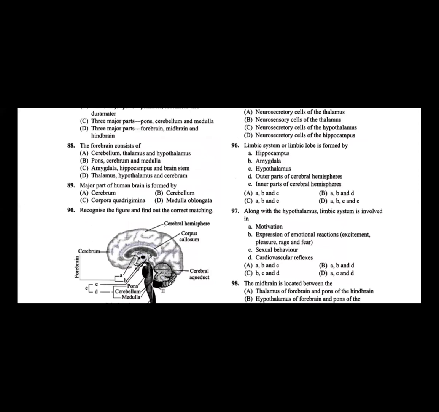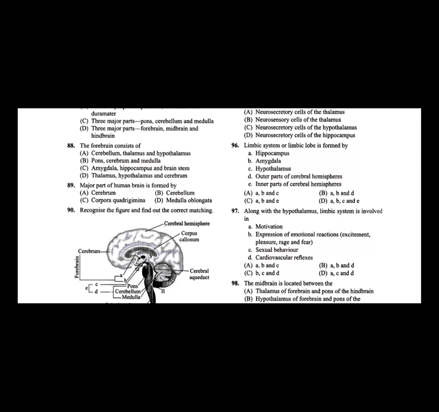Then pons, again not a part of the forebrain, students; it's a hindbrain structure. Then amygdala, hippocampus, and brainstem, where the brainstem is a part of the midbrain and hindbrain. So 88, D: the forebrain consists of thalamus, hypothalamus, and cerebrum. These are the parts of the forebrain, so the answer is D.